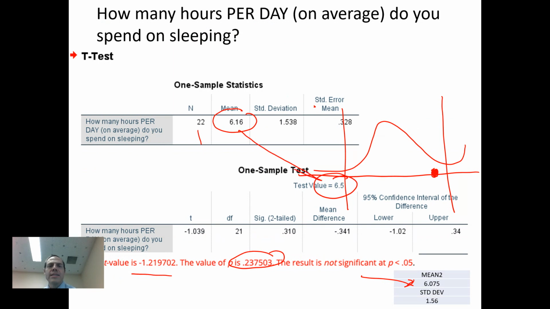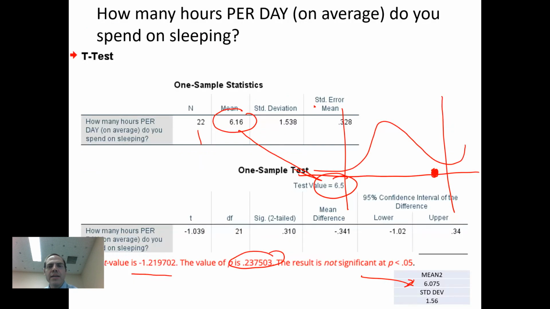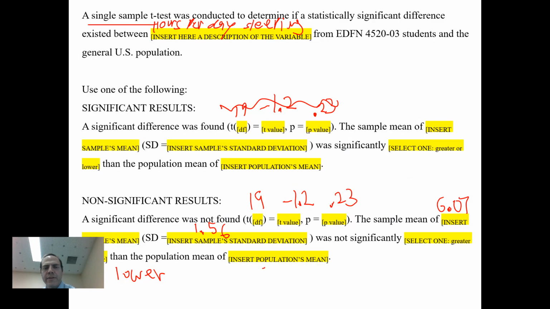So they're almost the same. And the population mean is 6.5. Okay, so what does this tell us? So they're not different than the national average, at least not in terms of how many hours of sleep you get.